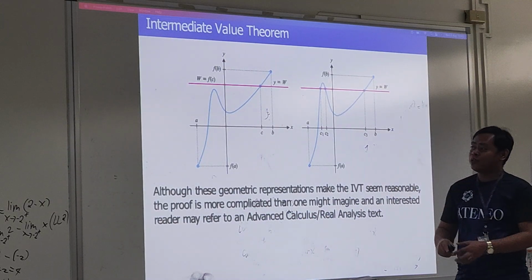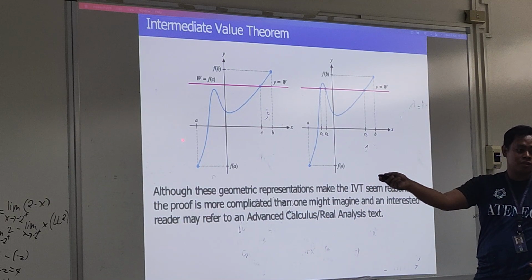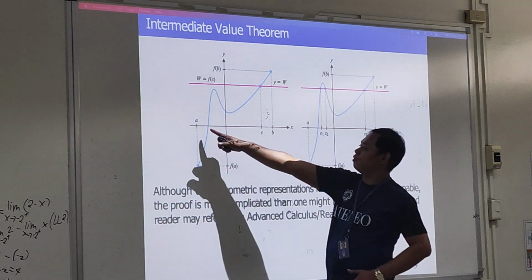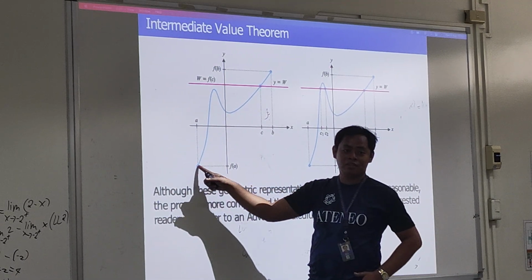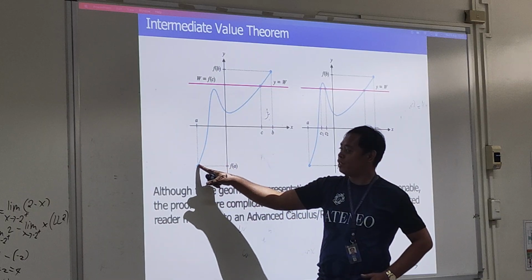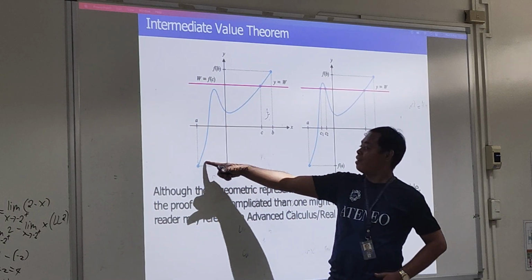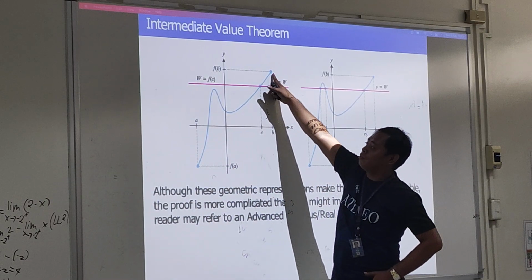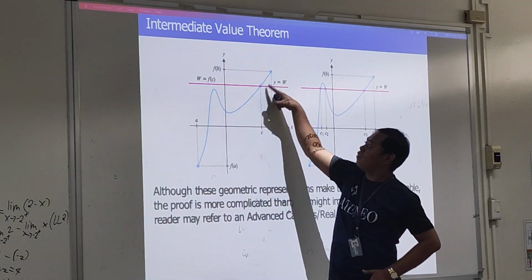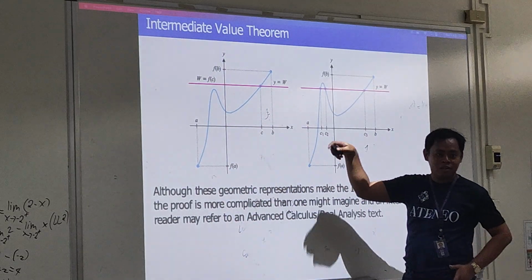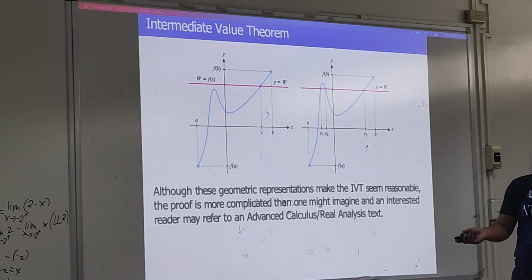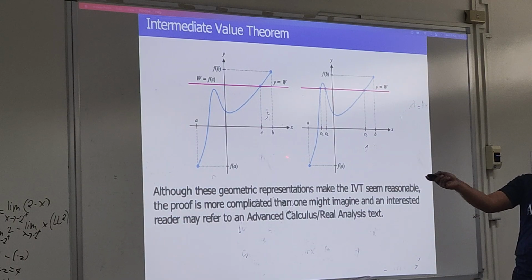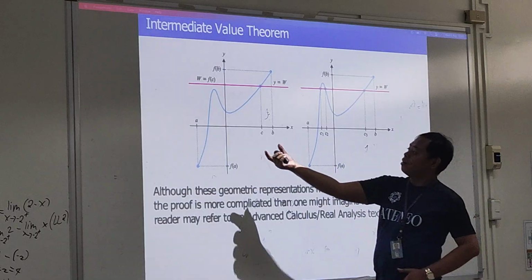Suppose this is your closed interval from A to B. Correspondingly, this point here will be your f of A, and your f of B will be this point here. And this will be the graph of your function, the behavior of your function. And with that, there is a C, which is an element of your closed interval.